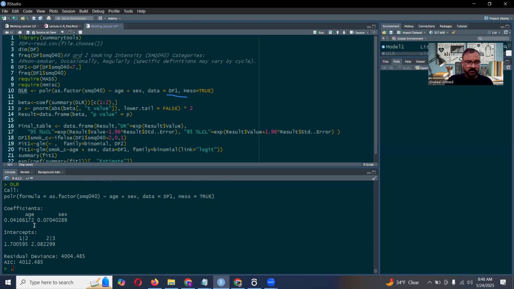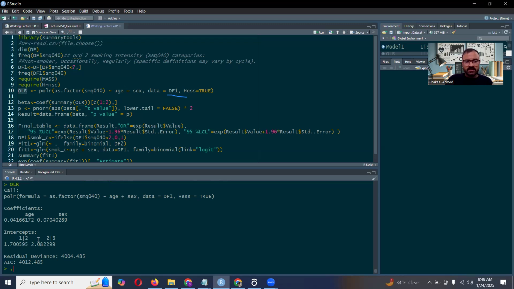But if you want to continue with these coefficients, then you are just checking the probability of falling in a higher category versus the probability of falling in a lower category, less than that category. For example, we are comparing the probability of Y greater than 1 versus Y less than or equal to 1, and Y greater than 2 versus Y less than or equal to 2.